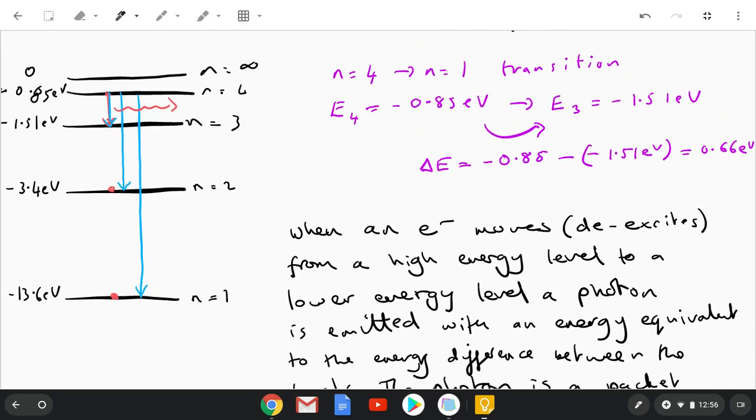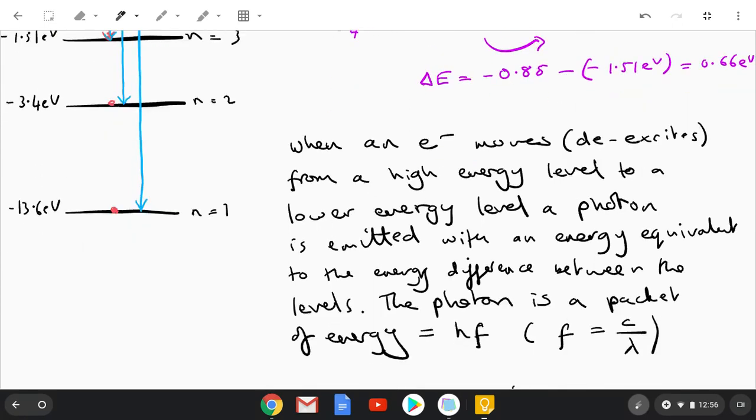We see that these are discrete energy levels, fixed energy levels. These transitions are between fixed energy levels. So the electron jumping from there to there, from there to there, has a fixed energy difference between the levels. That means that this photon will always have the same energy when it jumps from n equals 4 to n equals 3.